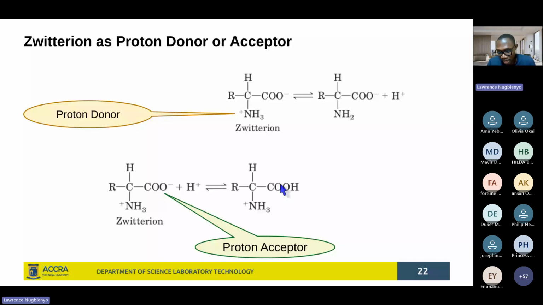So it's a proton acceptor. It means the zwitterion can be acting as a proton donor, where the specific portion of the ion which is giving out the hydrogen ions is the protonated amine group. And acting as a proton acceptor, it is the carboxylic acid group that is accepting the proton or hydrogen ions to become COOH.